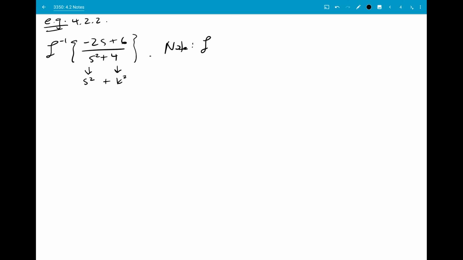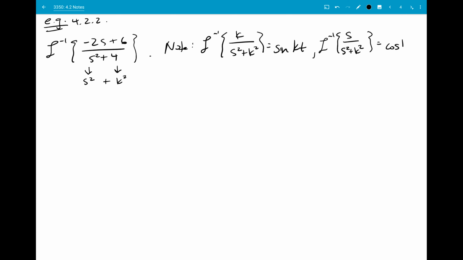So note, L inverse of k over s squared plus k squared would give us sine of kt. And L inverse of s over s squared plus k squared would give us cosine of kt.